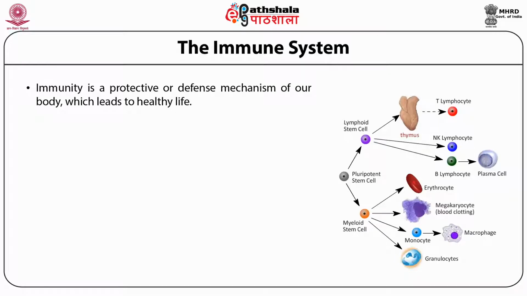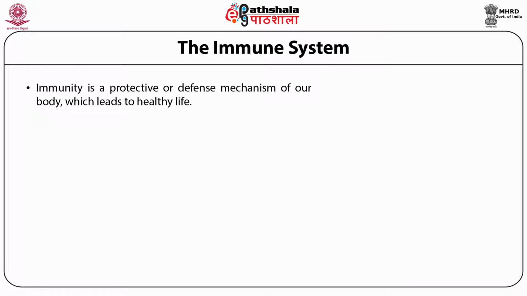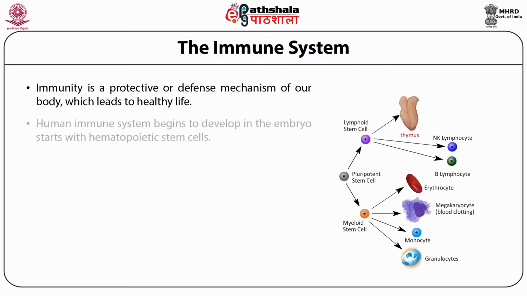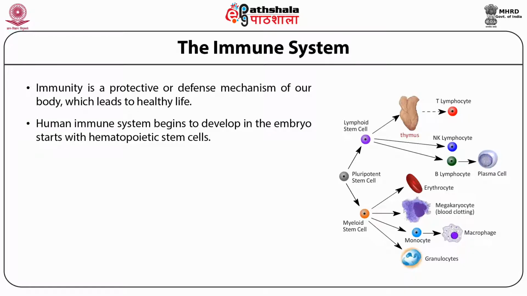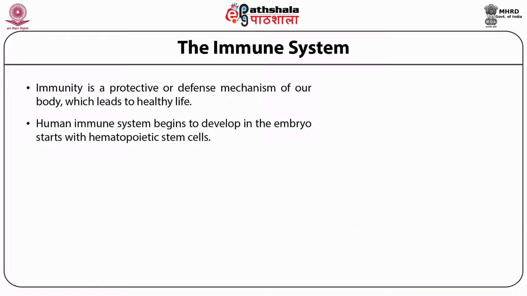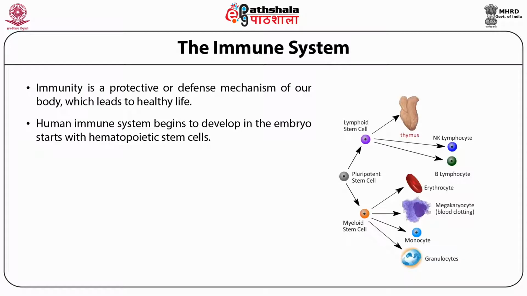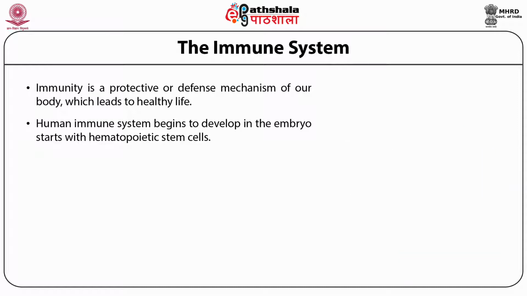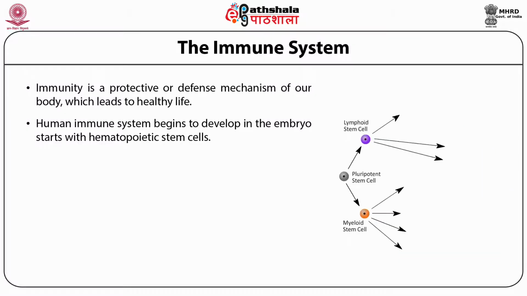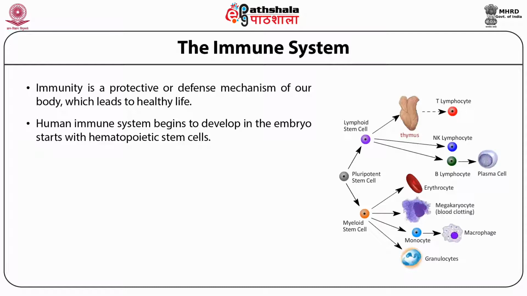When you look at how the immune cells are developed, they develop from the embryo itself. It starts from the egg yolk sac, and finally all these immune cells are harbored at the bone marrow, and these are called the hematopoietic stem cells.